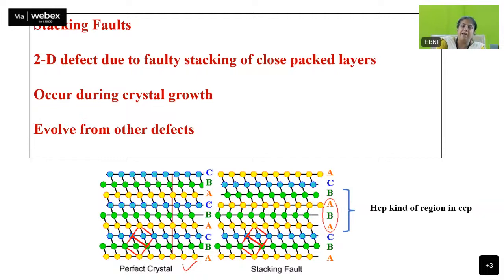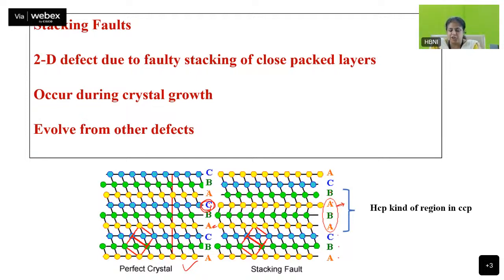ABC, ABC, ABC. Now, somehow, if it happens that the orientation of a layer in this particular C is changed, by placing the third layer exactly over this layer, then what I will have is ABC, AB, AB, and then again it will continue.